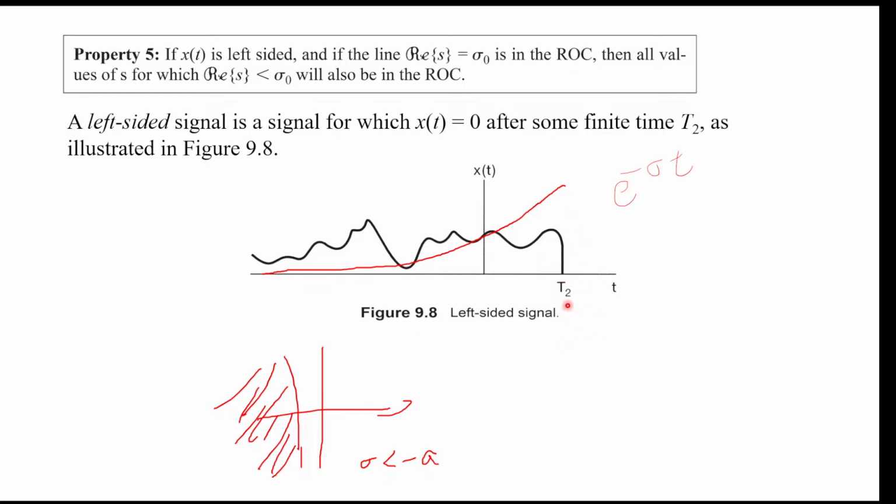If your function has a cutoff on the right-hand side at t2, then your ROC must extend to negative infinity. That means if some point sigma 0 is inside the ROC, then every point to the left of sigma 0 is also inside the ROC.